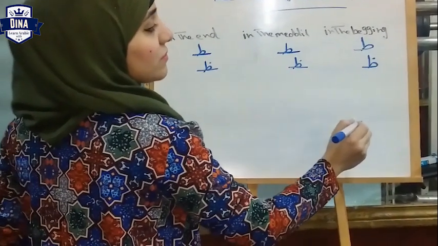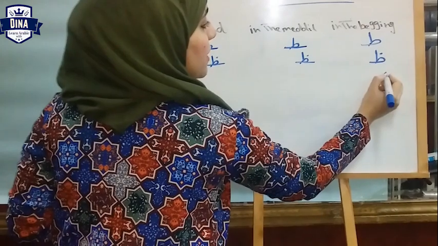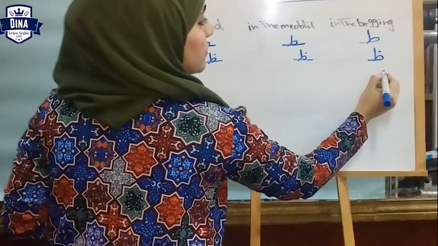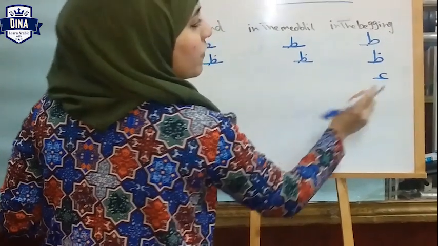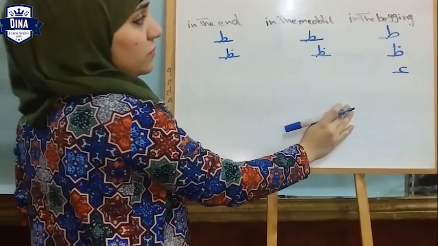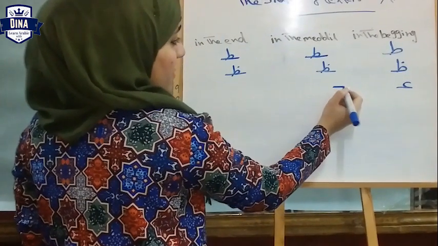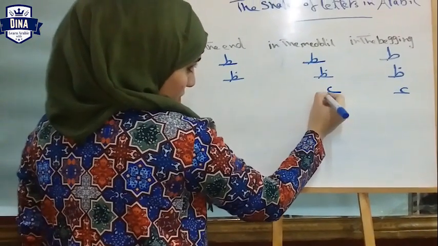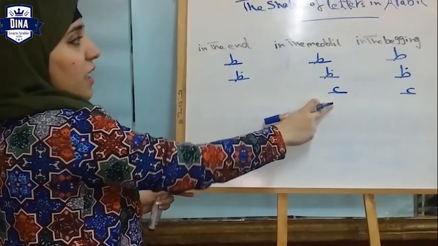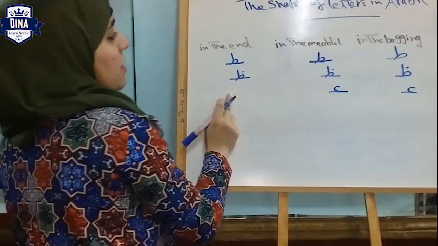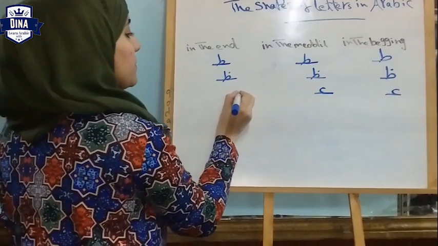Ayn. Write like that. When it's coming in the beginning of word. When it's coming in the middle, it becomes this shape. And when it's coming in the end of word, it takes this shape.